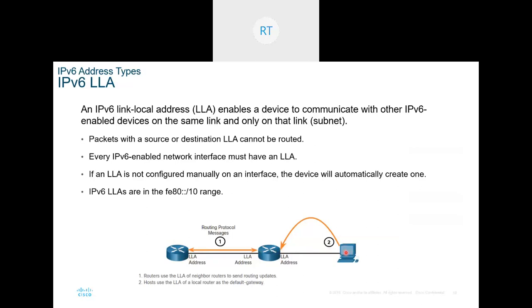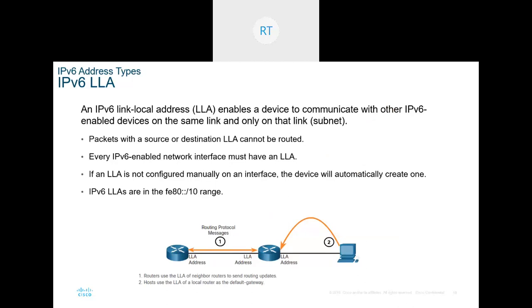If you assign a link local address here, it means this PC can only communicate with this router, and the packet can never go beyond this router to the other side, because a link local address is only visible on the link. It's never routed off the link. So between this router and this router, these two nodes can communicate, but never between this router and this PC, because a link local address is only unique on the link.